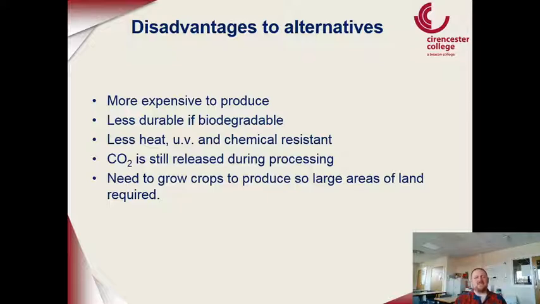The other thing is you still require to put energy in to make these polymers. So maybe we should think of some form of alternative. Who knows? And the other big thing is the fact that, I said it earlier, if we're using land to grow crops to make these polymers, we're not feeding the world with that land.